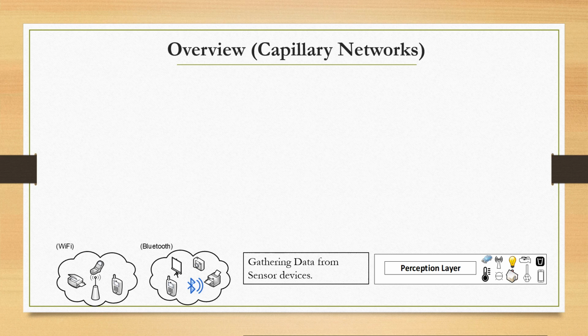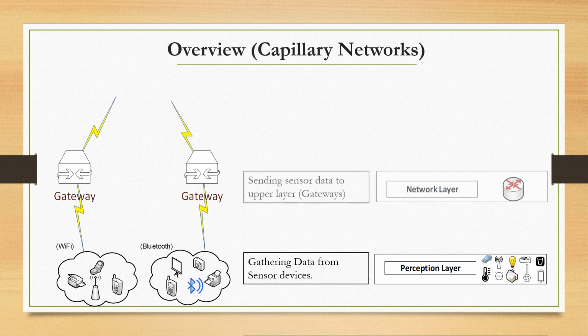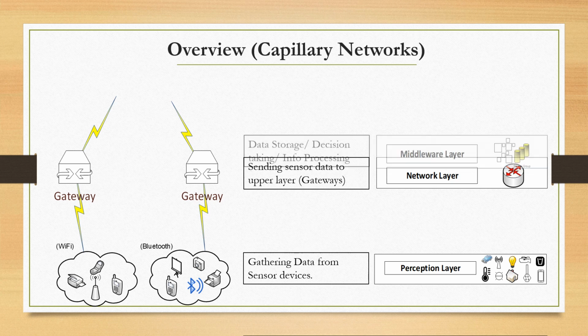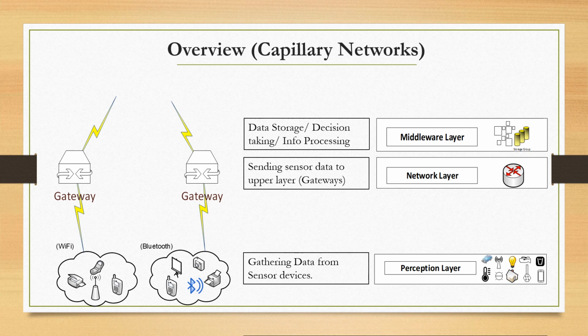Then the sensor data is transmitted to the middleware layer using the network layer, which is made of gateways using network technologies like Bluetooth and Wi-Fi. Then the middleware layer, which is responsible for the data storage and decision taking and information processing.